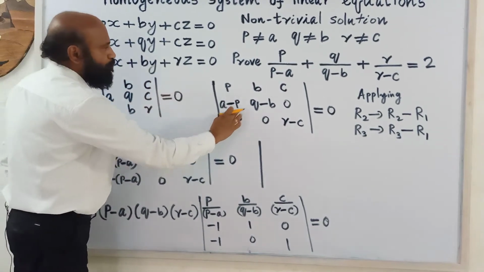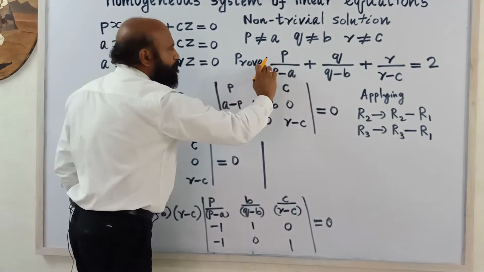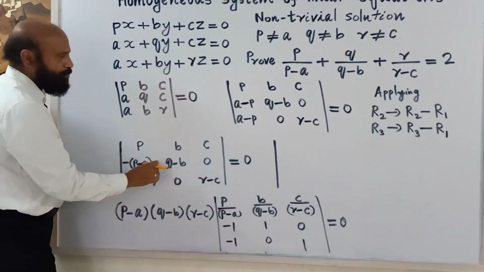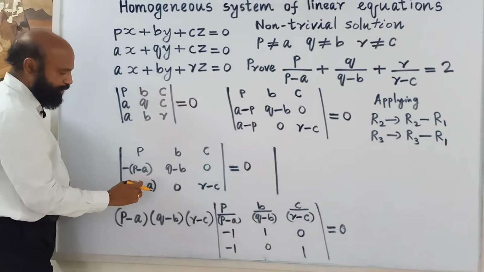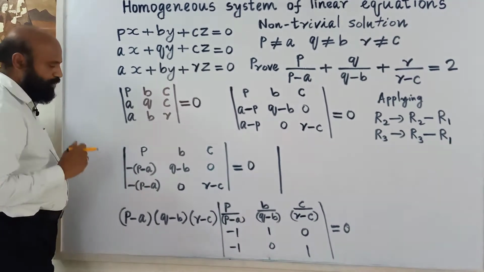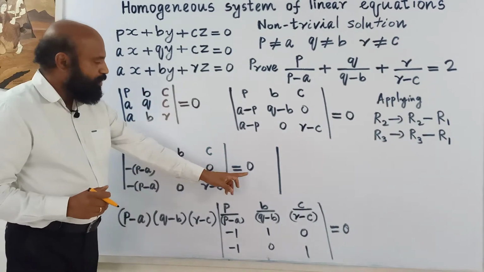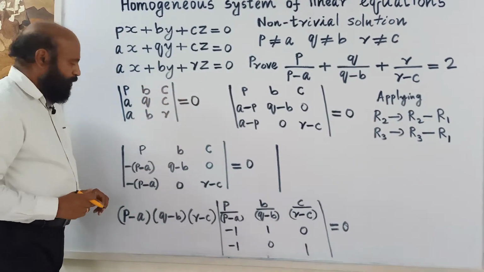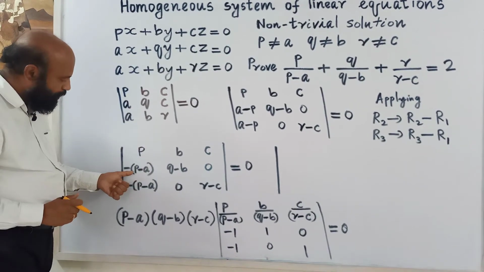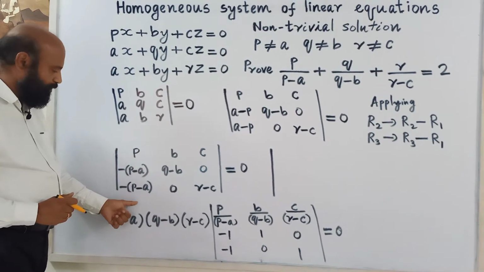Similarly here also our aim is to show this relation. So we want P minus A. So this A minus P can be written as P minus A if you take negative sign outside. So that is equal to 0. Now from this column you can take P minus A outside.